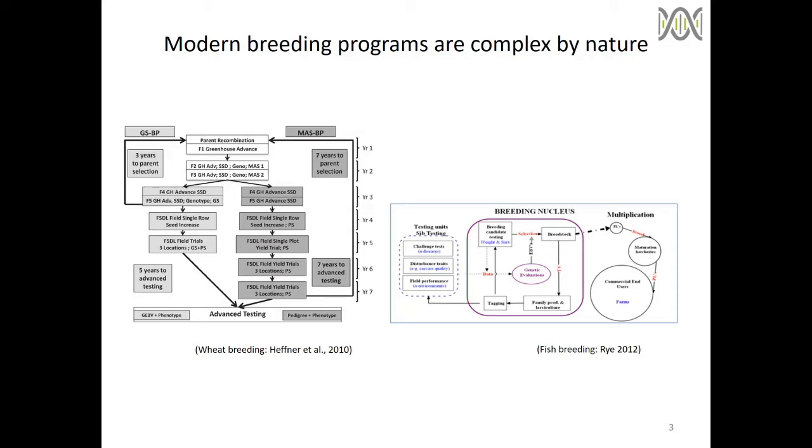Whereas on the right-hand side, we have a fish breeding program that contains a lot of sibling testing, genetic evaluation schemes, multiplication schemes. So those look very different, and basically our goal in MOPS is to develop a framework that is able to simulate all sorts of breeding programs you can imagine.